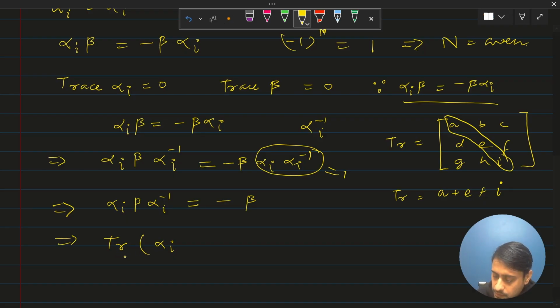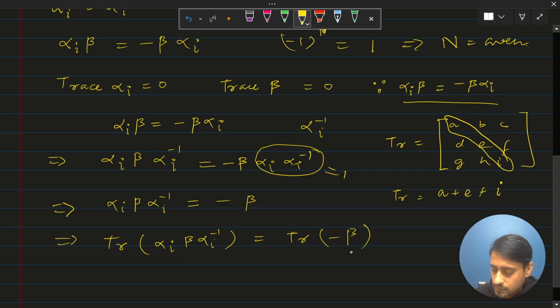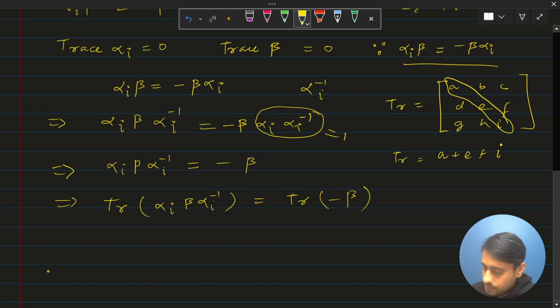So the trace of the left hand side, alpha i beta alpha i inverse, will be equal to the trace of minus beta. Now there is a theorem from matrix algebra. The trace of the product of three matrices A, B, C can be written in cyclic order.